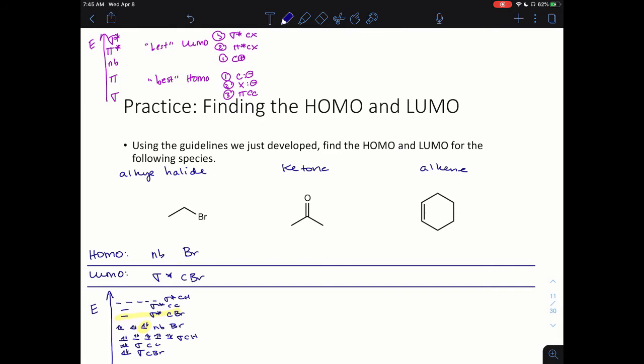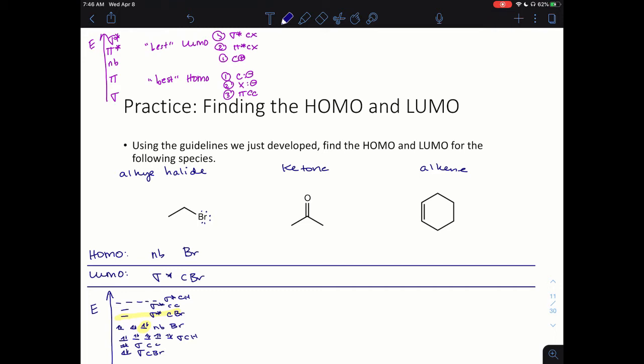Or you could just have this in mind and say, all right, it doesn't have a carbanion, but it does have these lone pairs on bromine. So that's the HOMO. So, I think it is much, much, much easier to have this chart in your mind than it is to draw a full MO diagram.